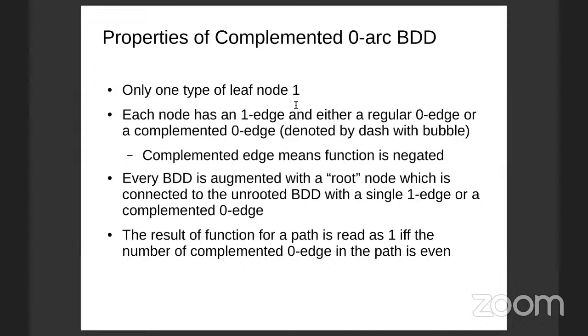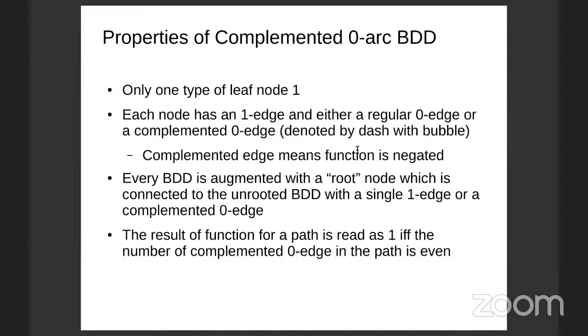The result is you get a higher degree of sharing. Okay, it only has one kind of leaf node, 1, but each node has a one edge and either a regular zero edge, the standard zero edge, or a special kind of edge called a complemented zero edge, denoted by a dashed line with a bubble.